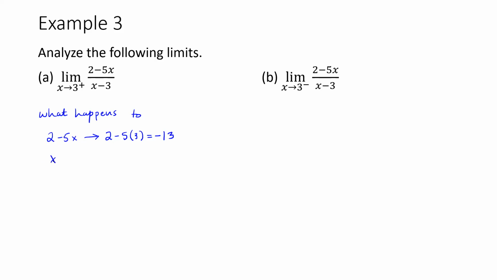What about x minus 3? What happens to that? 0. Okay, so you got something that's approaching 3 from the right, minus 3. Is this going to be a positive or a negative value? Think of 3 plus here. This is really something that's a little bigger than 3. Positive, right?